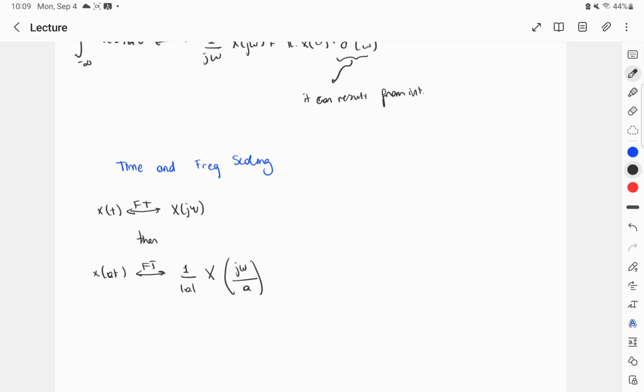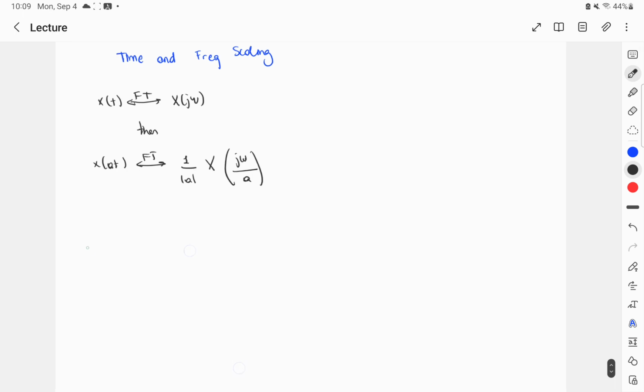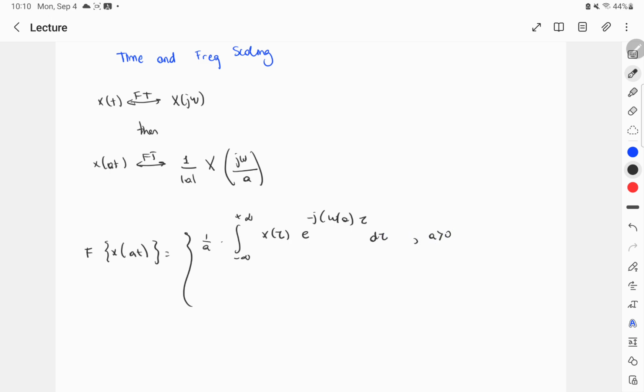The absolute value here is important because we can also write this in this way: 1 over a, from minus infinity to plus infinity x(tau), if a is bigger than 0.